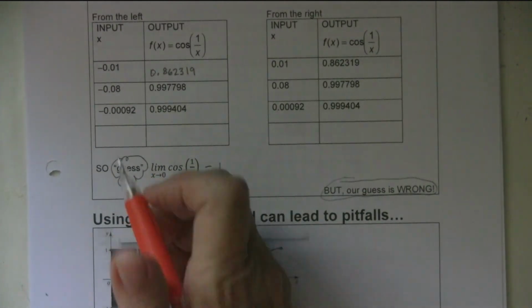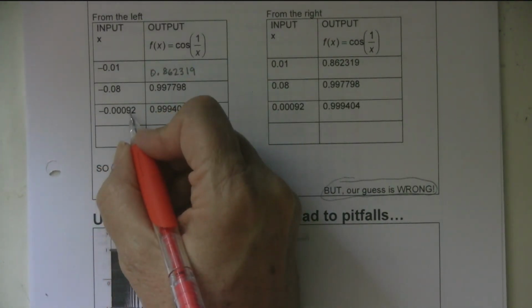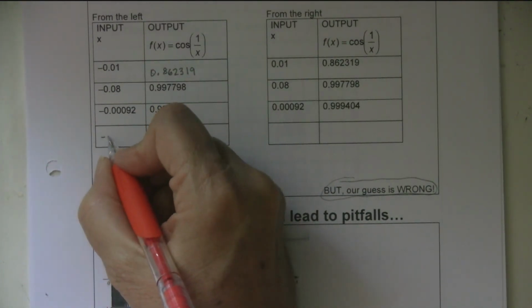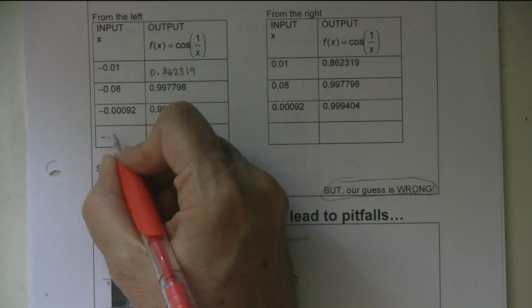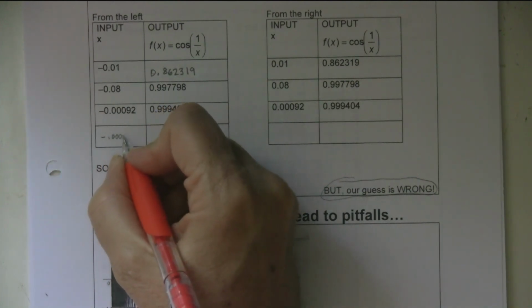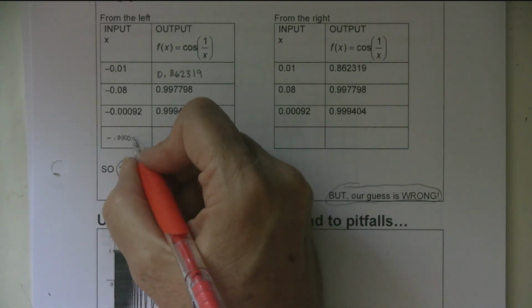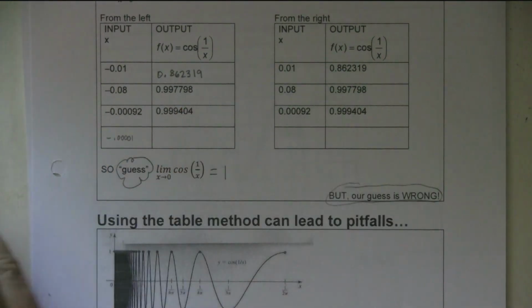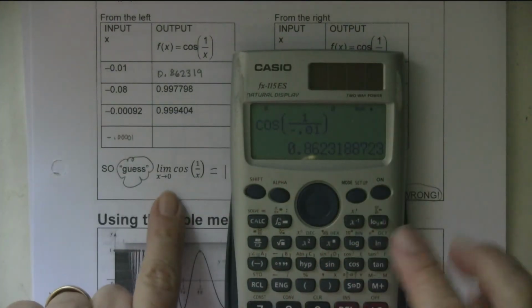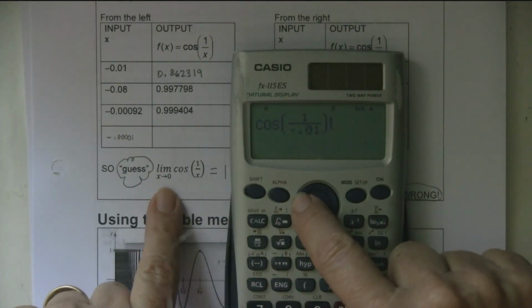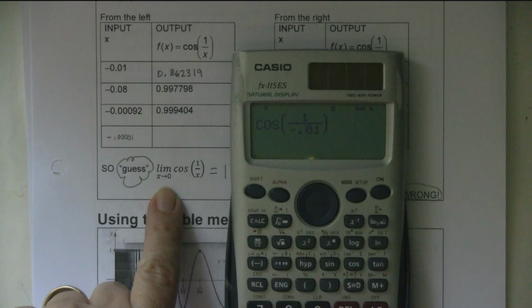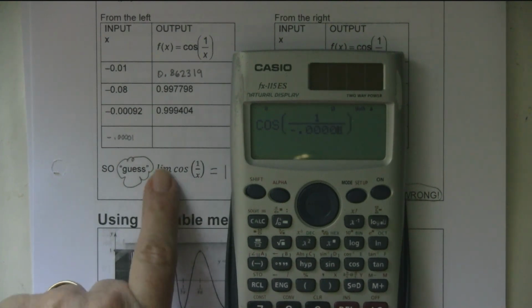So if you chose a value here that's even closer, maybe I'll do 4 zeros, and then maybe a 1. I don't know. And I put that in. So I got 4 zeros and then a 1.